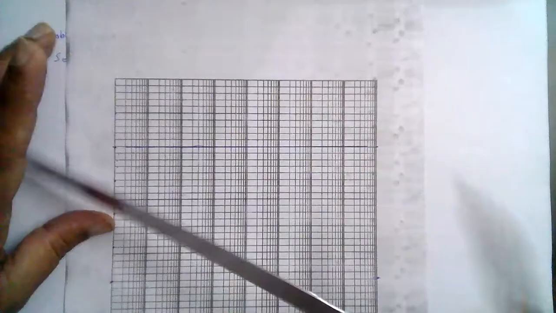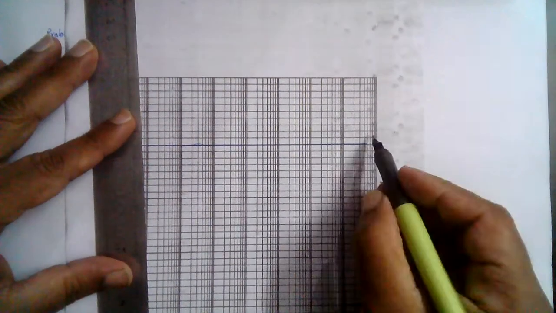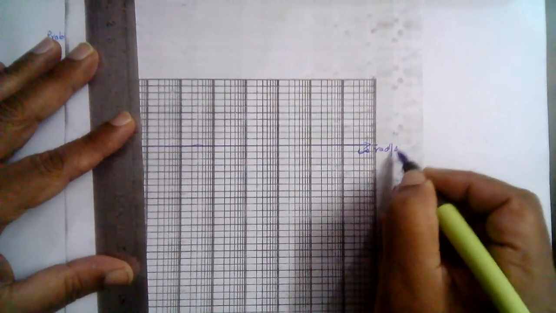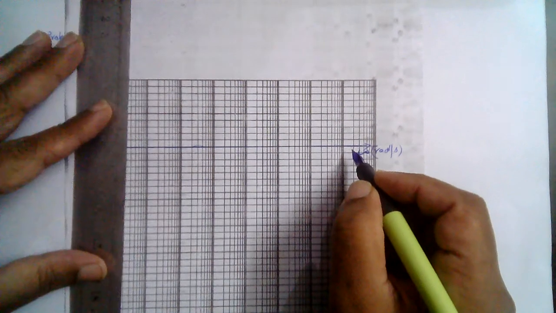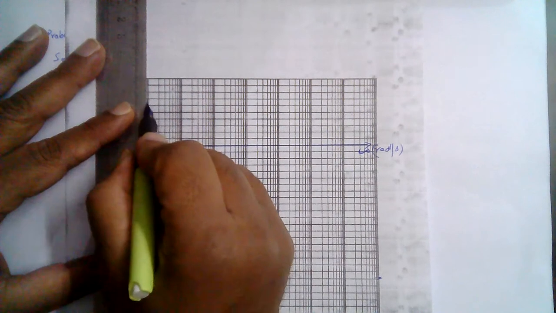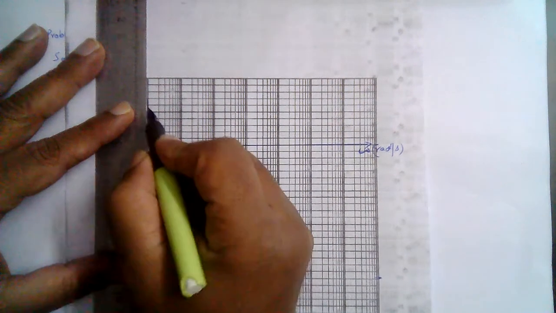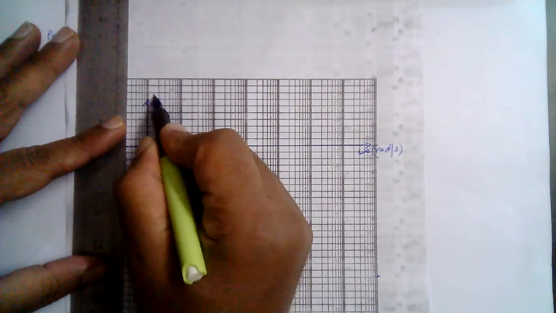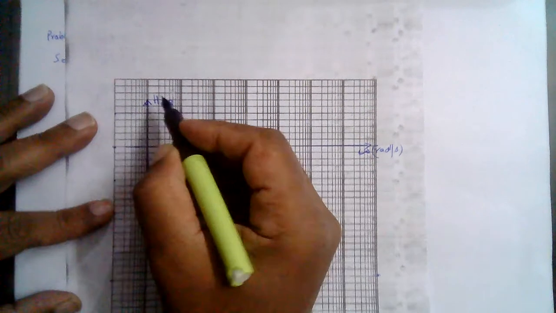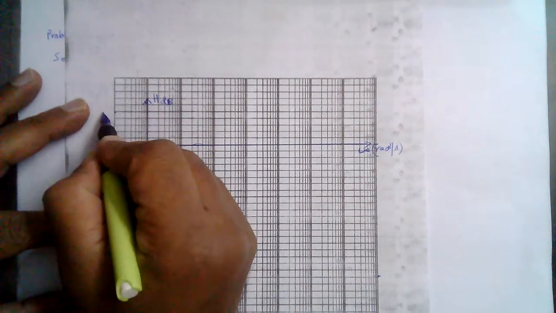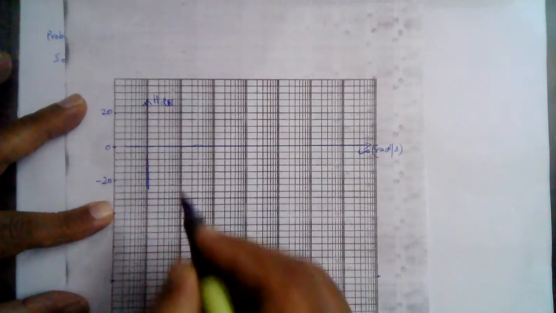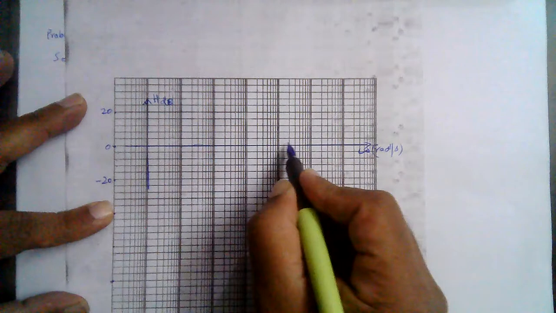This is omega in radians per second, and this is the vertical axis for the magnitude plot. So this is H dB here. This is, for example, 0 dB, and this is 20 dB, and this is minus 20 dB. And the horizontal axis follows a logarithmic scale.